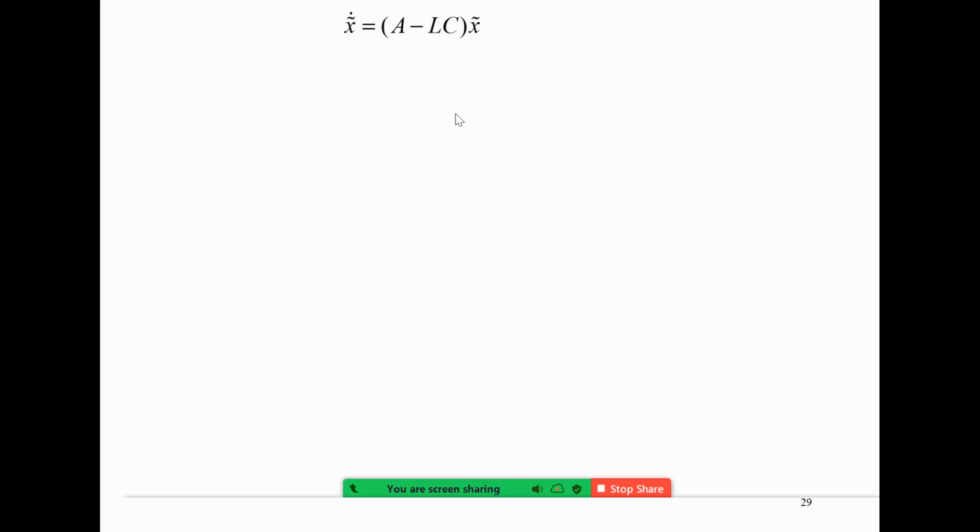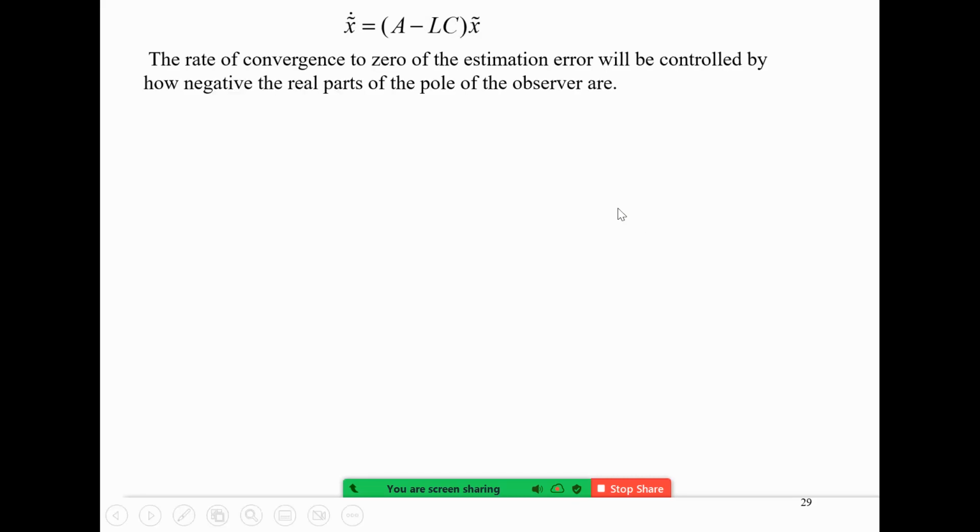Of course, you want to use a very big L, very negative. Then it will go to 0 very fast. Because if you look at this equation, the rate of convergence to 0 of this X2 will be controlled by how negative the real parts of the poles of the observer are. If they are very far away from the origin, it will go to 0 very fast.